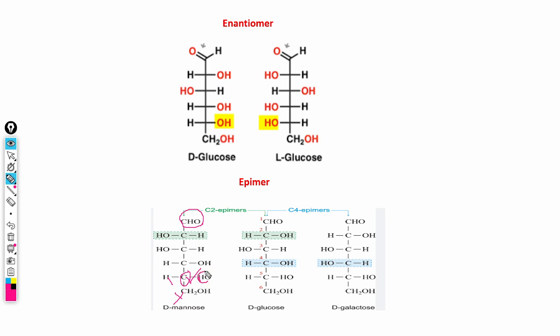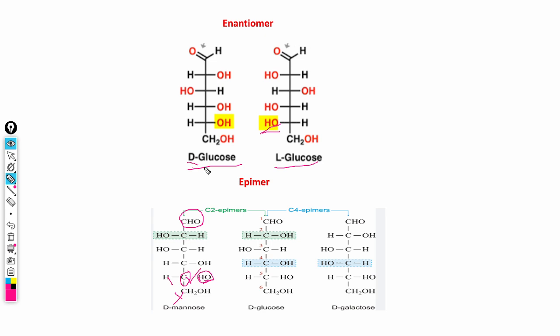If the OH group is attached to the right side, then it is called the dextrorotatory. If the OH group is attached to the left side, it is called the L or the levorotatory. That means always the farthest chiral carbon from the functional group: if to this carbon the OH group is present at the right side, it is called dextrorotatory. If it is present at the left side, then it is called levorotatory.